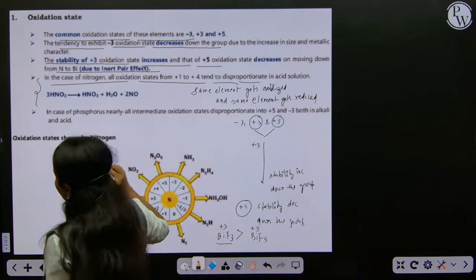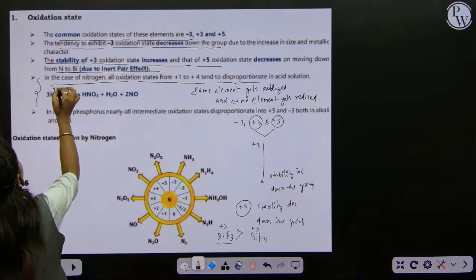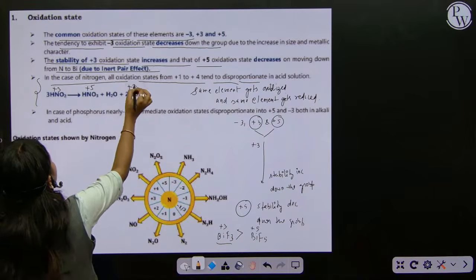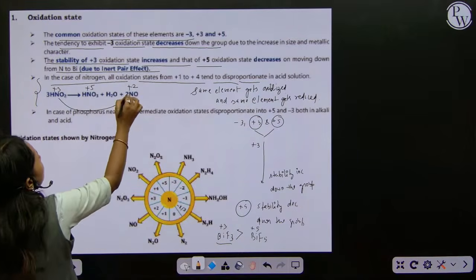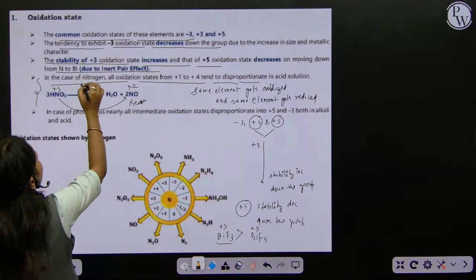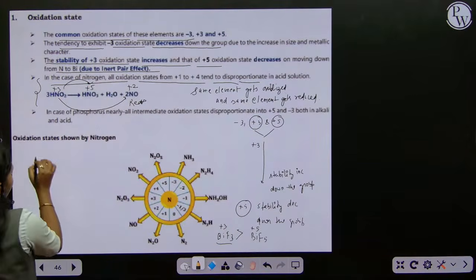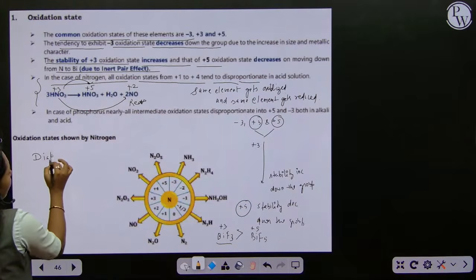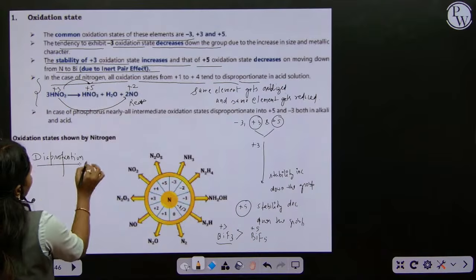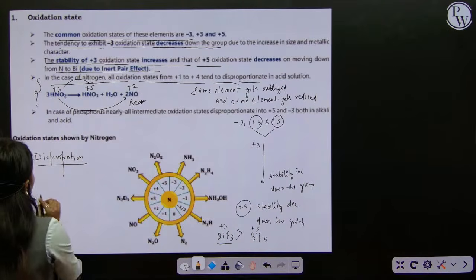Here +3 to +2 is reduction, and +3 to +5 is oxidation. Which oxidation number will show disproportionation?